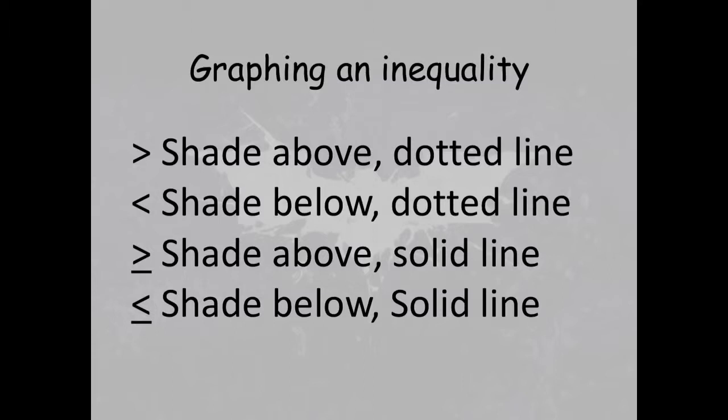So that was just one example, but the rules that we really need to remember are these. If your equation is written in y equals mx plus b format, meaning of course not equal to, but one of these symbols, then if we have a greater than, y is greater than mx plus b, we shade above the dotted line.